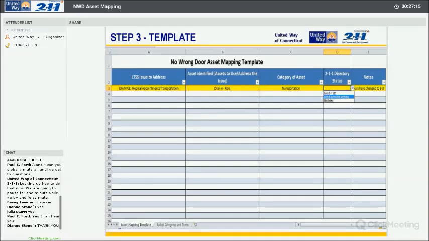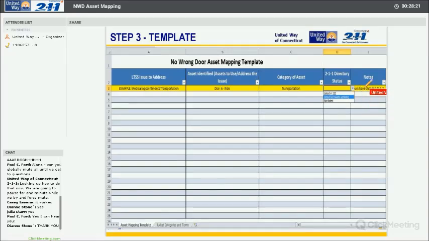So this is the basic template that Annie and I provided last week, as one example of a pretty simple solution, and a simple starting point to inventorying those resources that you've identified from the 2-in-1 data file, from your other directories that you've identified in your town, from your community forums and your focus groups, where you are simply tracking the particular issue, the asset you've identified, that you're consistent about the category of asset, right, so that you can quickly sort or roll up and look at all the resources within a particular category, that you are tracking the 2-in-1 directory status, so you can see here whether the asset is listed in 2-in-1, listed but needs updating, or not listed, and then maybe a column for notes.